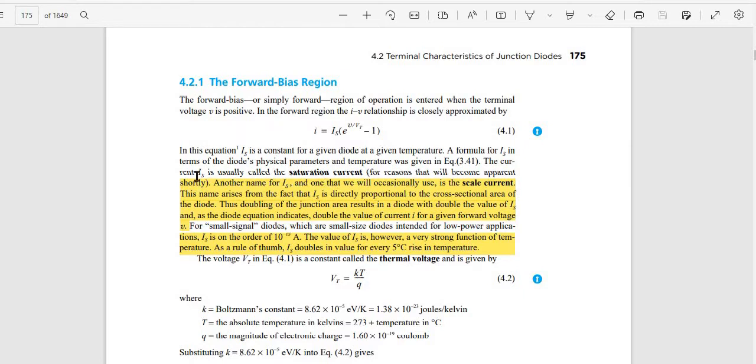For reasons that will become apparent shortly, another name for Is that we will occasionally use is the scale current. This name arises from the fact that Is is directly proportional to the cross-sectional area of the diode.